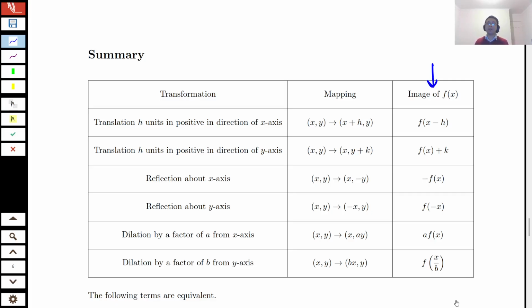In the next lesson, we're going to combine more than one transformation. And if we do that, it's going to be helpful to know the mapping notation. For easy work, knowing the function notation is going to be really helpful.